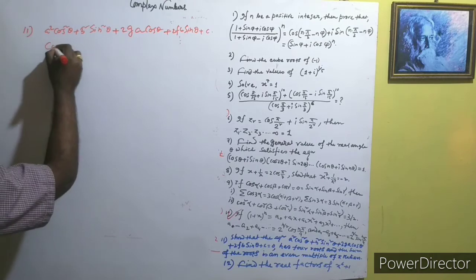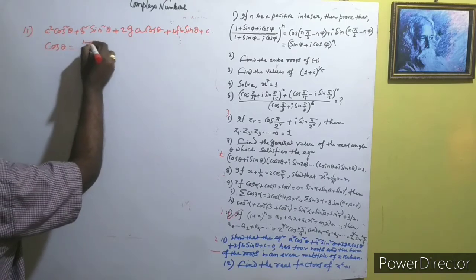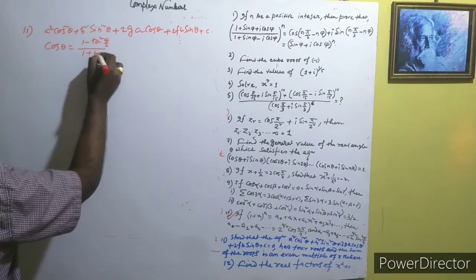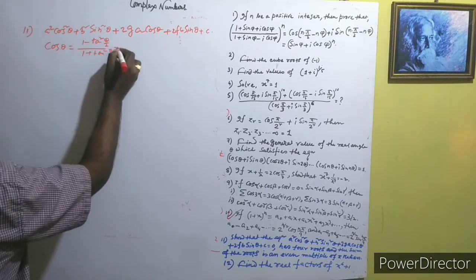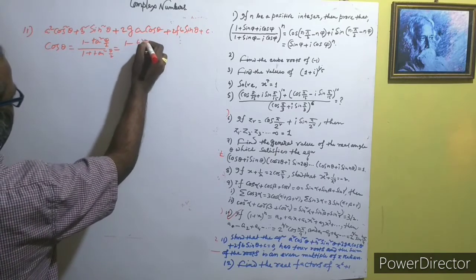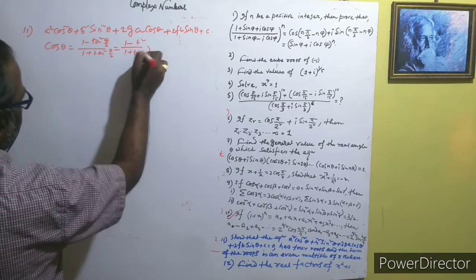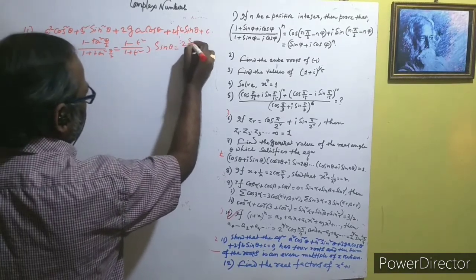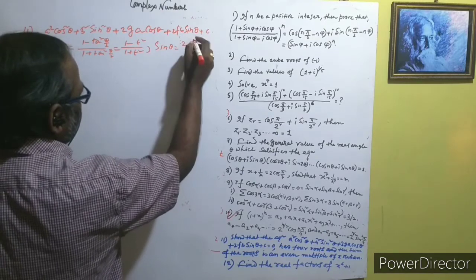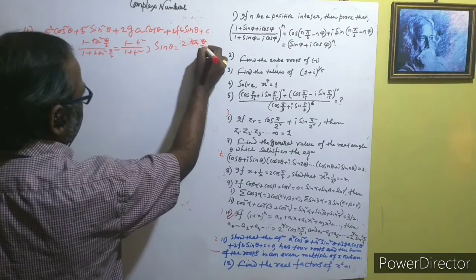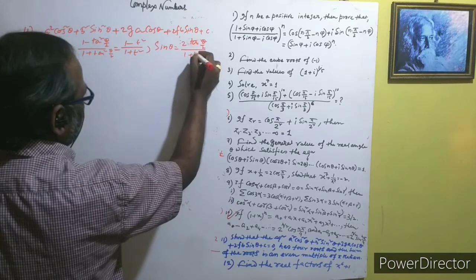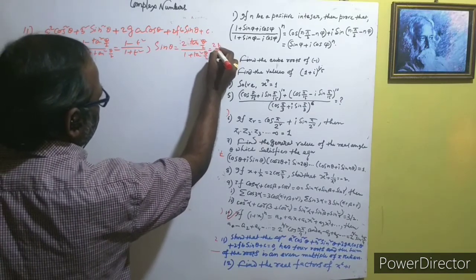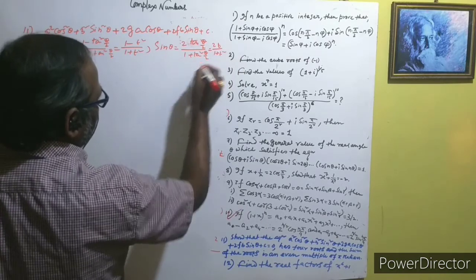Now use the multiple angle formula: cos theta is 1 minus t square by 1 plus t square, where t is tan theta by 2. Again, sin theta is 2 tan theta by 2 by 1 plus tan square theta by 2, that is 2t by 1 plus t square.